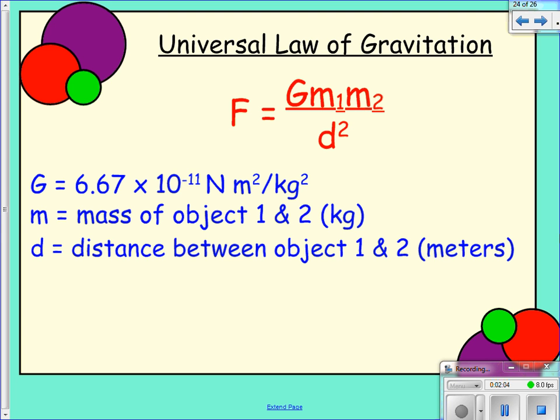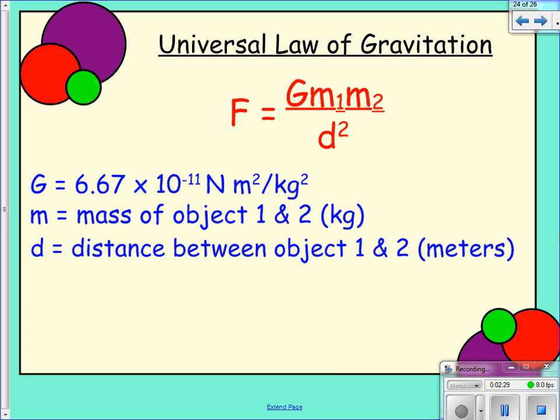But the reason you don't feel it is because the masses of you and the pencil, or you and the door, are so small relative to, let's say, the mass of the Earth. While you do experience a gravitational force, it's not large enough for you to actually see it. Nevertheless, there actually is a force of attraction, and using this equation, we can calculate what that is.